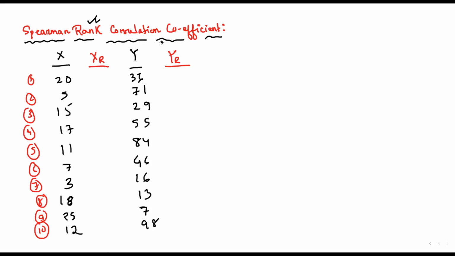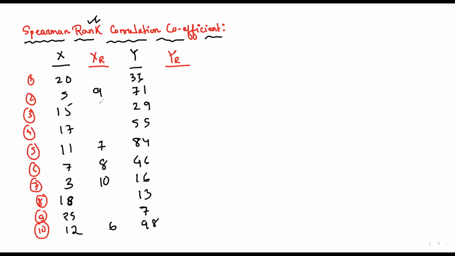Okay. So 3 is the smallest, so it will be rank 10. Then the number is 5, so it will be 9. Then 7, so it will be rank 8. Then 11, so rank 7. Then 12, rank 6.